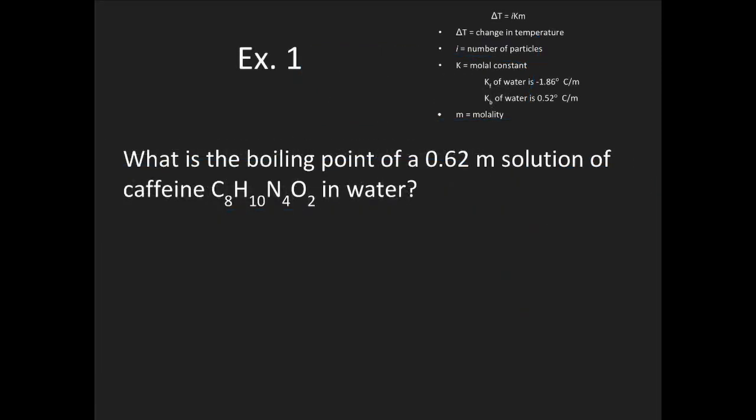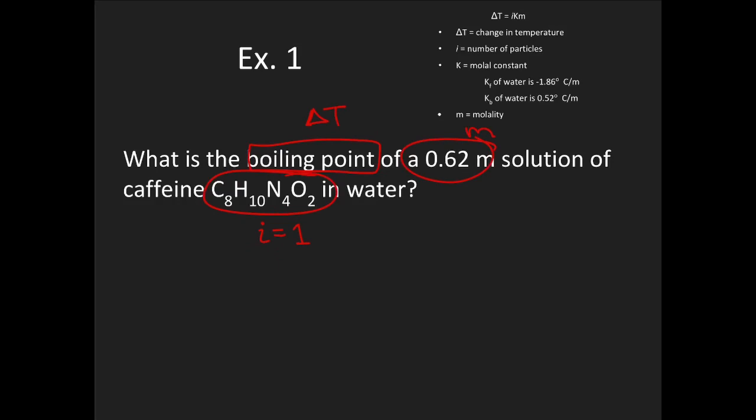Example 1. What is the boiling point of a 0.62 molal solution of caffeine in water? So here's our molecule. We know that that is covalent. So that means my i, my number of particles, is just 1. All right, and it wants to know the boiling point. So that means I need to find the change in temperature so I can calculate that new boiling point.